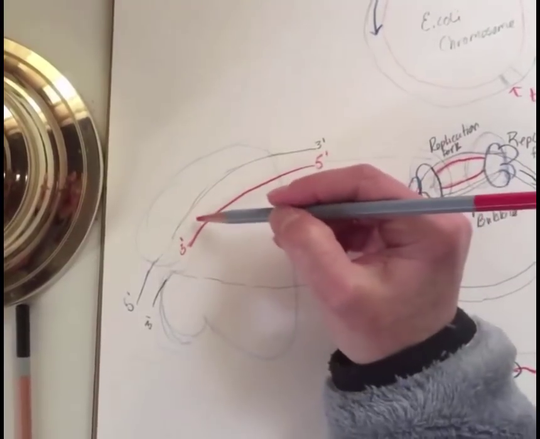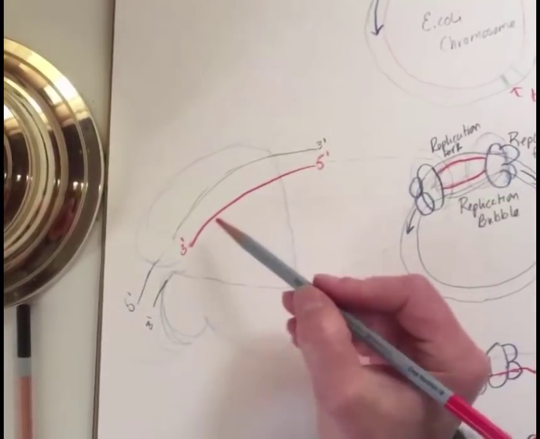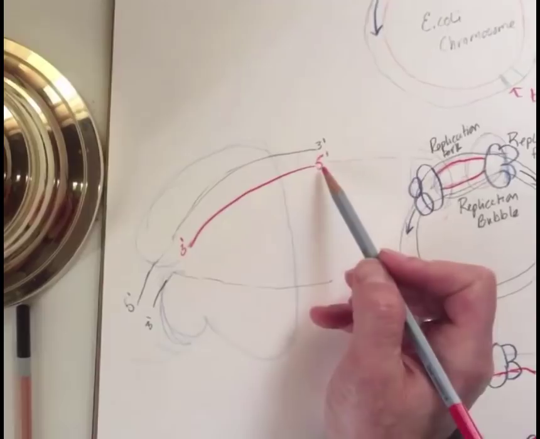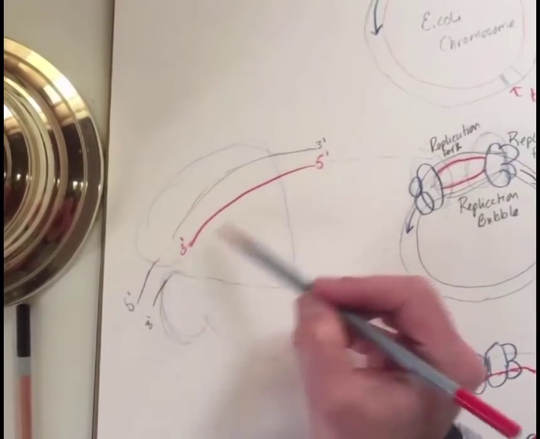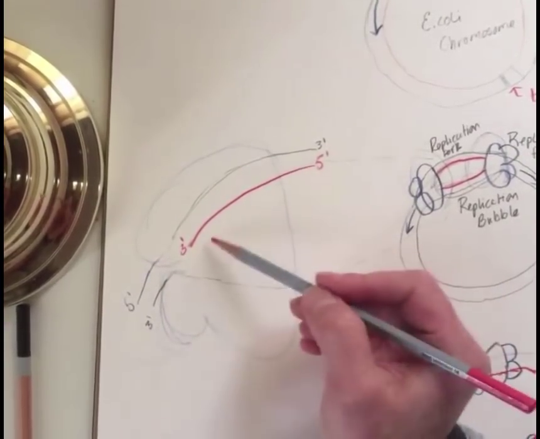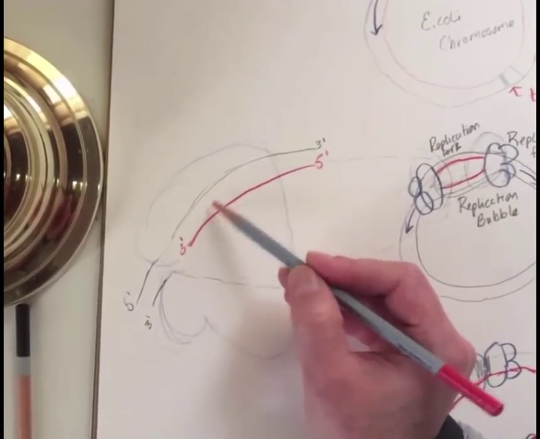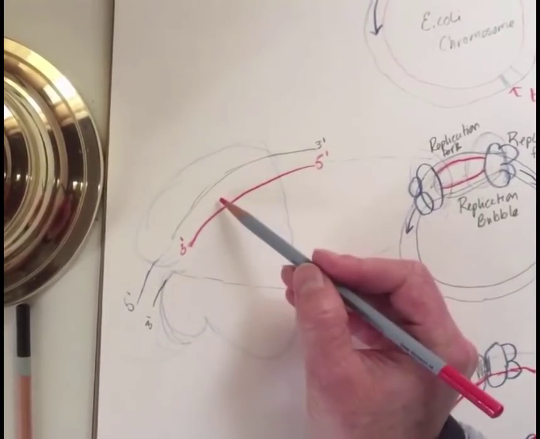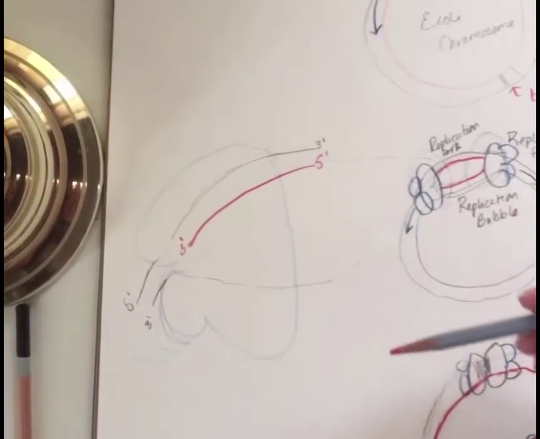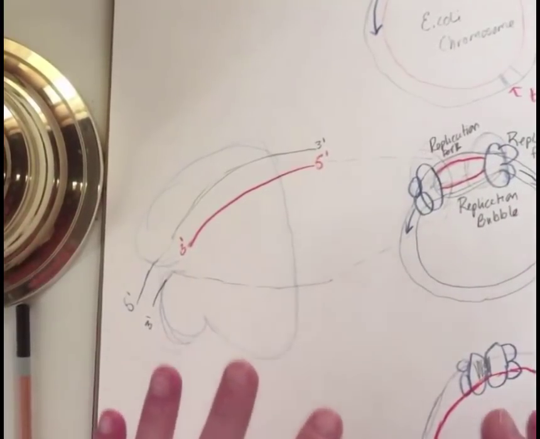So what I want to look at now is understanding what DNA polymerase needs in order to build this new strand of DNA. So if we're just focusing on that new strand of DNA, this is going to necessitate us making another zoom.